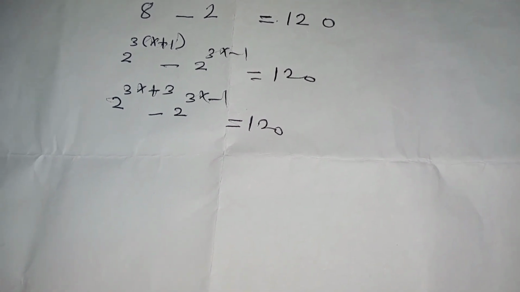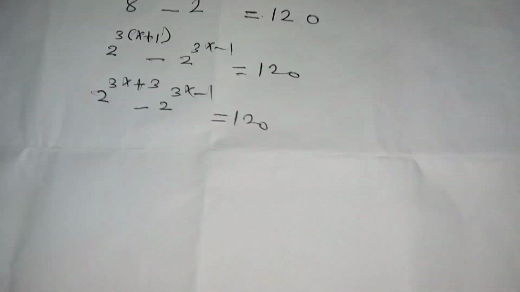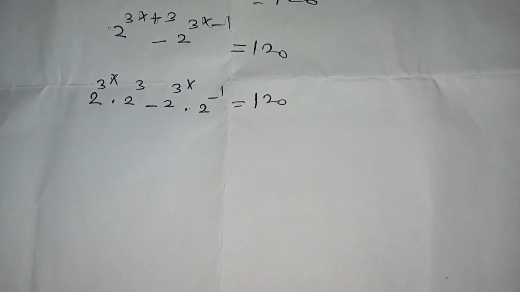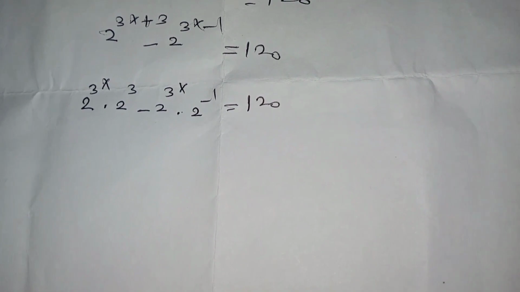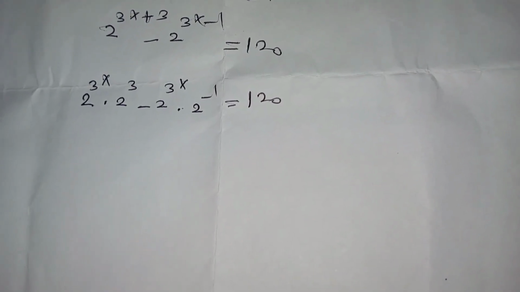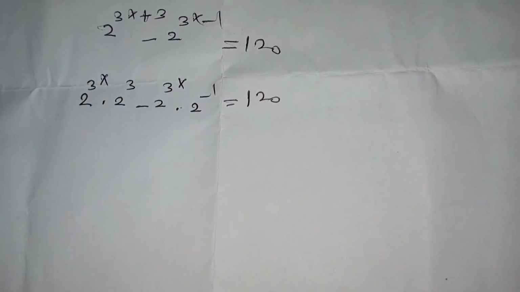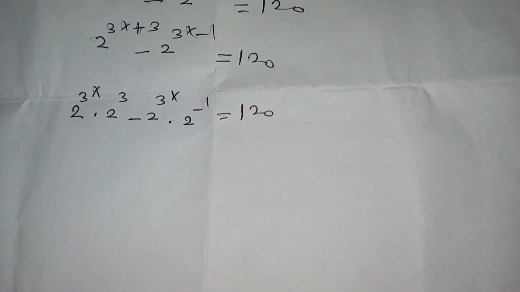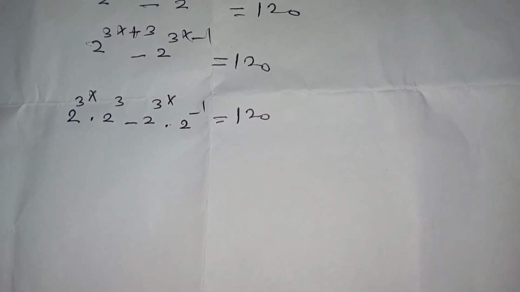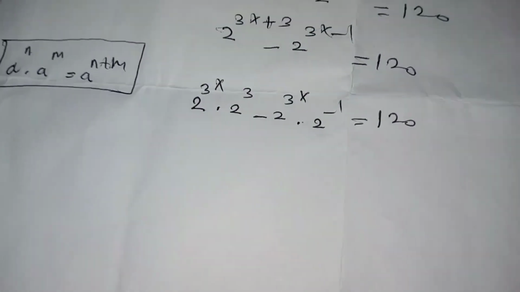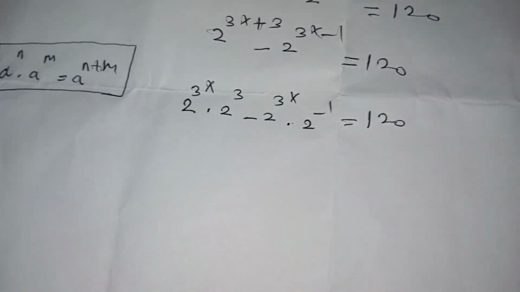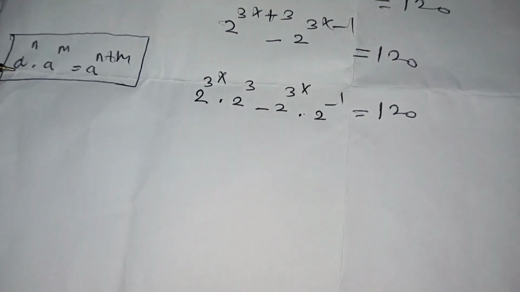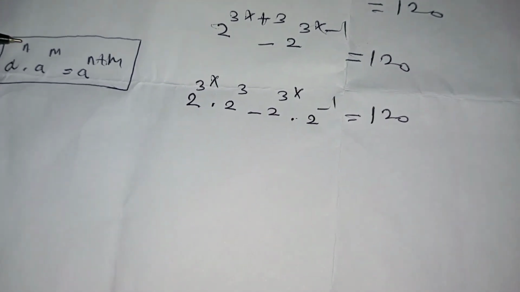2 power 3x plus 3 can be written as 2 power 3x multiplied by 2 power 3. Then 2 power 3x minus 1 is the same as 2 power 3x multiplied by 2 power negative 1, which is equal to 120 by use of the law of indices. So we are employing this law of indices here, which tells us that if you have the bases as the same, then you can add the index.